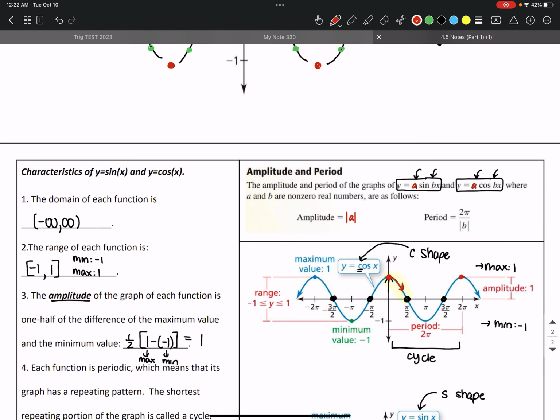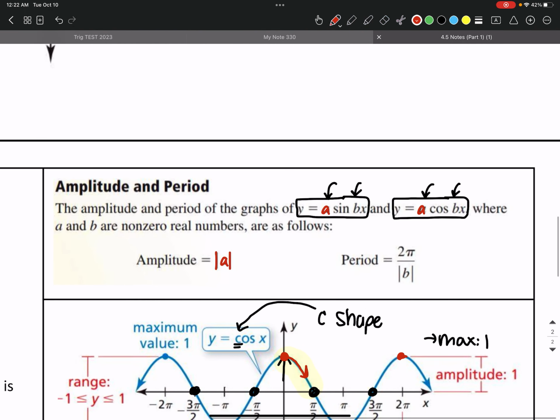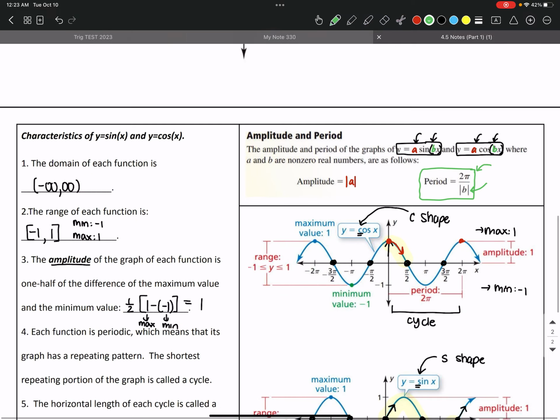The period is going to be affected by if there's a coefficient inside of the function. So if there's a coefficient inside of the function for cosine or sine, then I'm going to find the new period by taking the regular period of the parent function, 2 pi, and dividing by the absolute value of b, whatever it is.